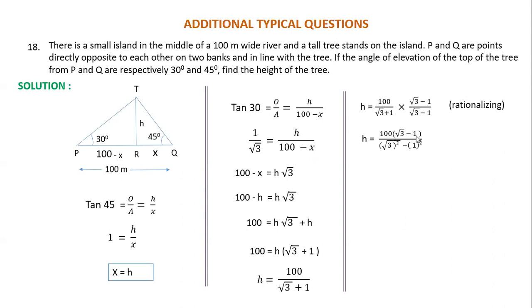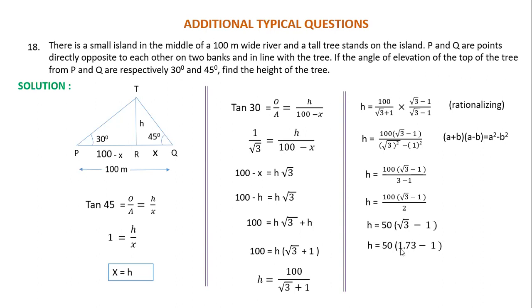So 100 into root 3 minus 1 upon root 3 square minus 1 square, because a plus b, a minus b is a square minus b square. So this is 100 into root 3 minus 1 upon 3 minus 1, that is 100 into root 3 minus 1 upon 2, which is 50 into root 3 minus 1.